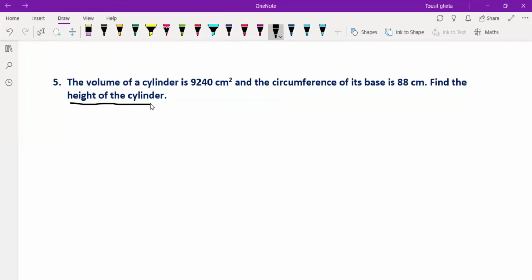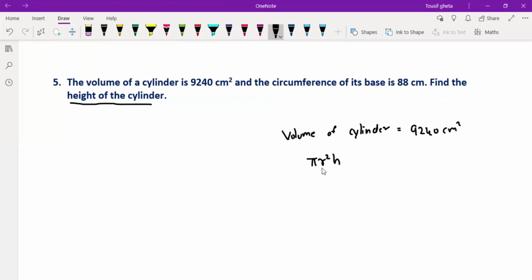The volume of cylinder value they give is 9,240 centimeters square. The h we have to find out.